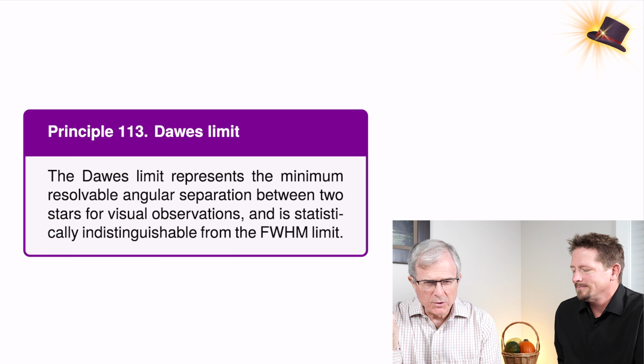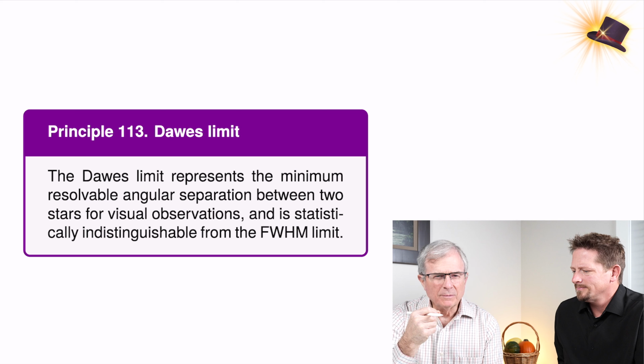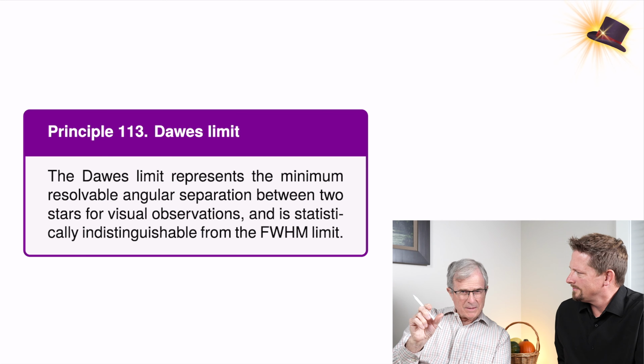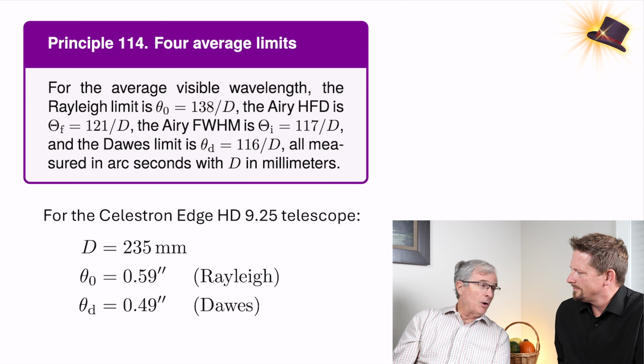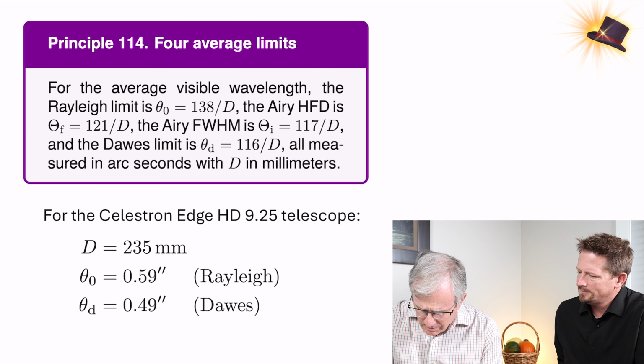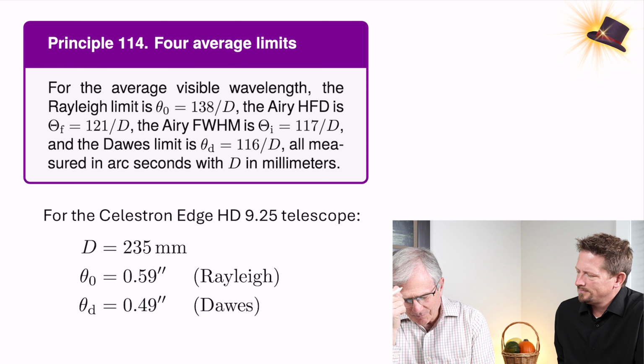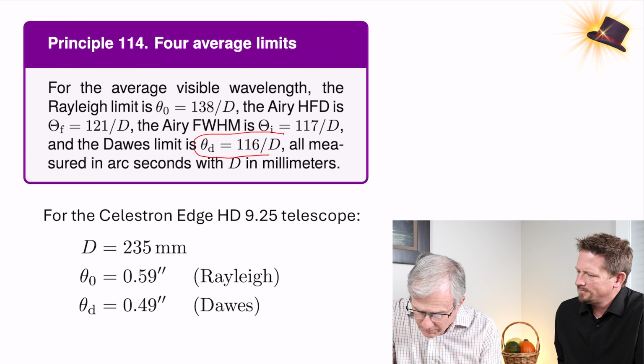He was a visual observer, and he published a paper claiming that he could distinguish 2 stars of comparable brightness at what we now call the Dawes limit. And here it is. He didn't publish the wavelength dependence of his criterion, he just published the aperture dependence of his limit.